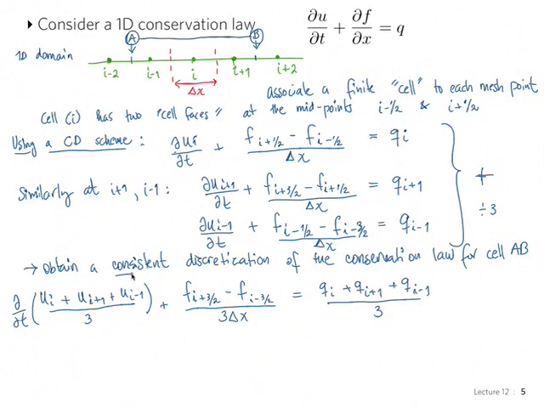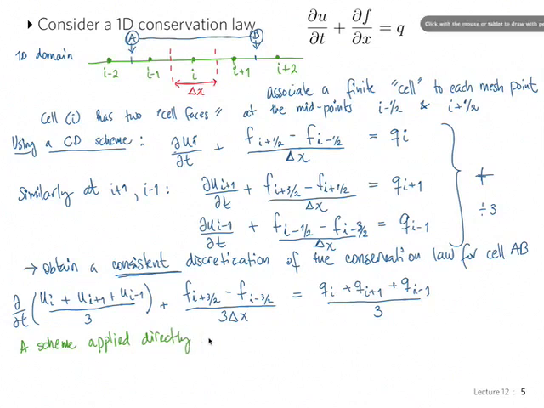So this is consistent with what we would have obtained if we had discretized directly, if we had written directly a scheme applied directly to cell AB.